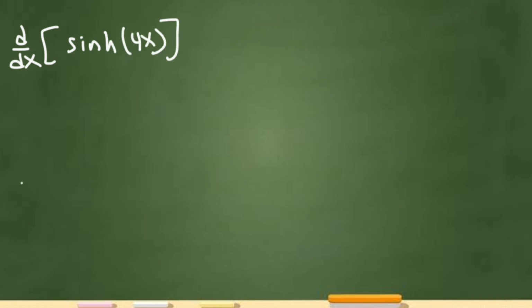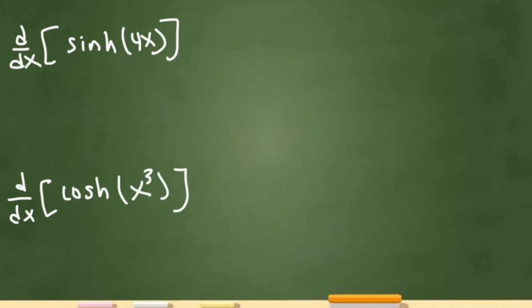Now let's work on some practice problems. Go ahead and differentiate hyperbolic sine of 4x and also hyperbolic cosine of x cubed. Feel free to pause the video as you work on this.